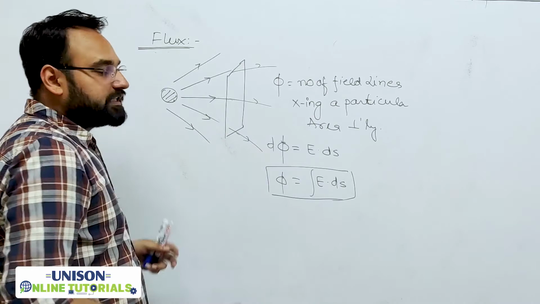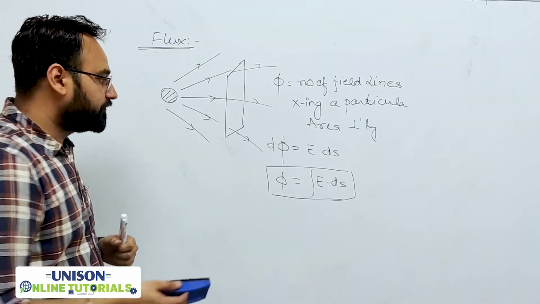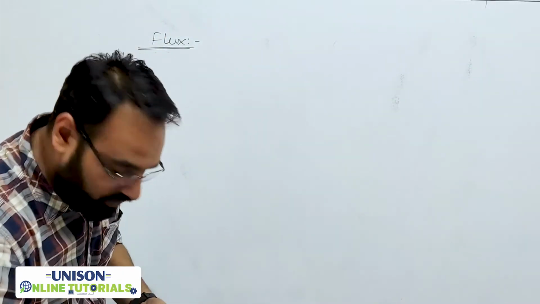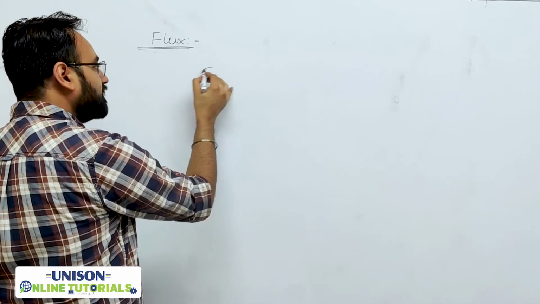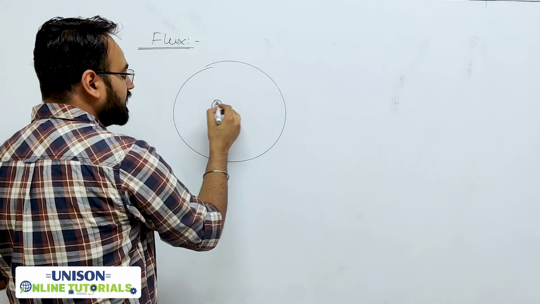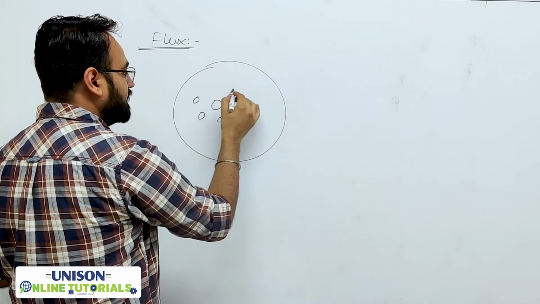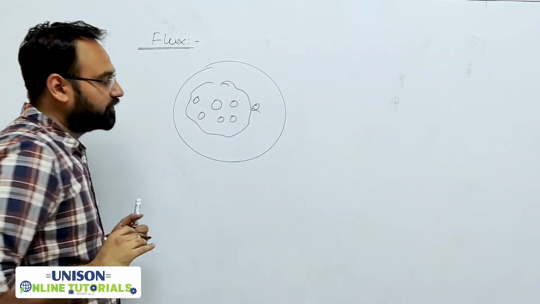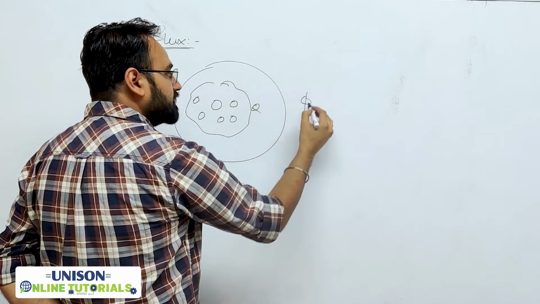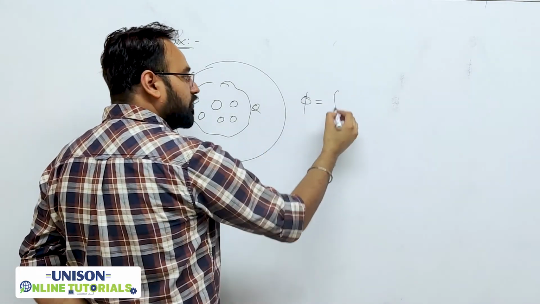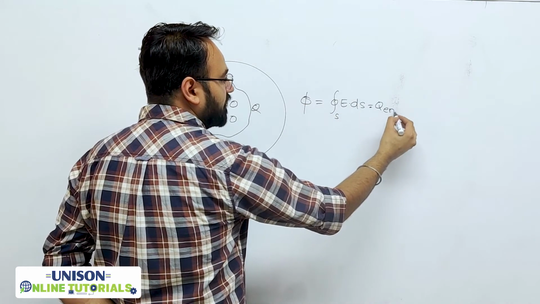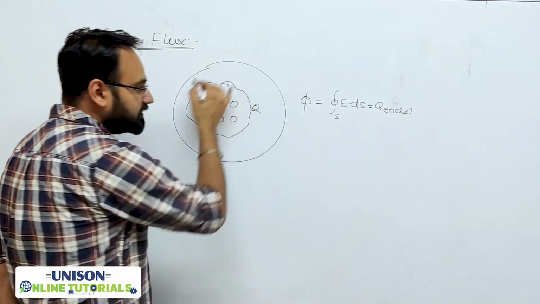Based on this electric flux, there is a very important law, that is Gauss law. Now let's see what Gauss law says. Say I have a closed surface, it is important to note, and inside that surface there is some charge, and the net charge is Q. Then the flux, which is the closed surface integral of E dot ds, is equal to the charge enclosed by the surface, where S is the surface.